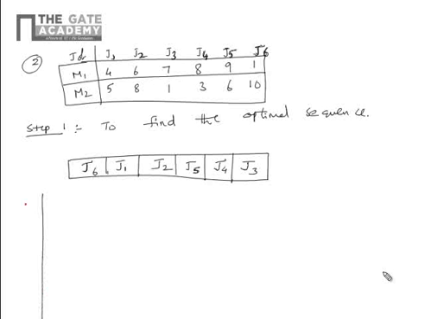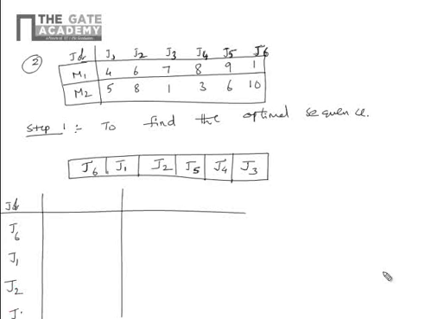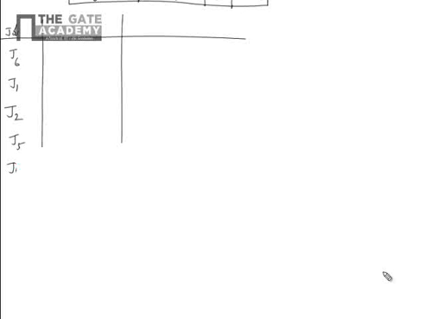To calculate the makespan time after getting the sequence, the jobs are J6, J1, J2, J5, J4, J3. These are the jobs, and next is the processing time of each job.